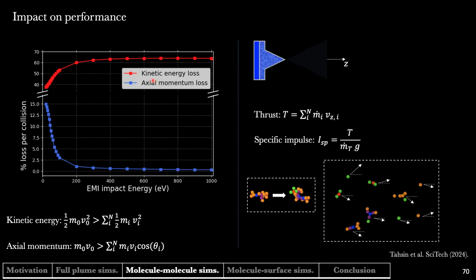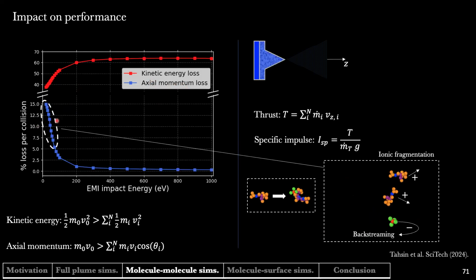And the loss of the kinetic energy and the axial momentum are given here in this figure in red and blue. And particularly in this region, we observe a high loss of axial momentum. And this is because this region is dominated by ionic fragmentation, in which the negative monomer backstreams towards the emitter and does not contribute to the total axial momentum.